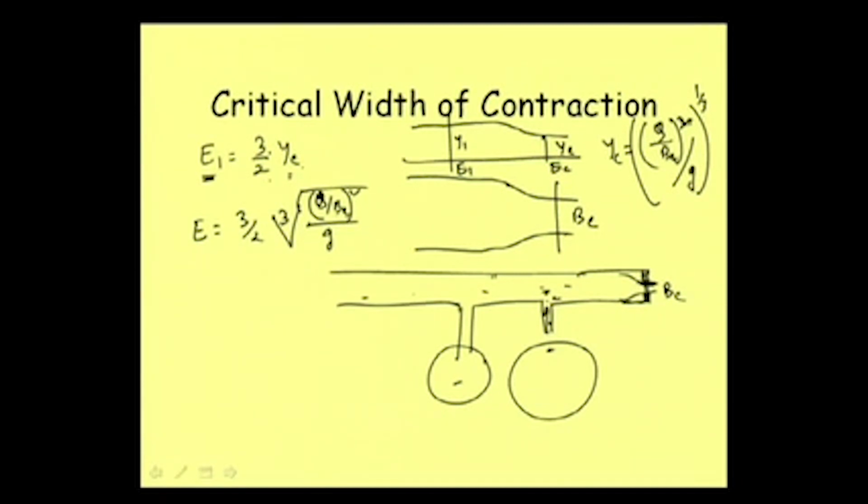So, from that we can separate out BC, and this way if we simplify this expression, we will be getting BC is equal to (3 by 2) whole to the power 3 by 2, and then it is Q divided by root over g and E1 to the power 3 by 2.